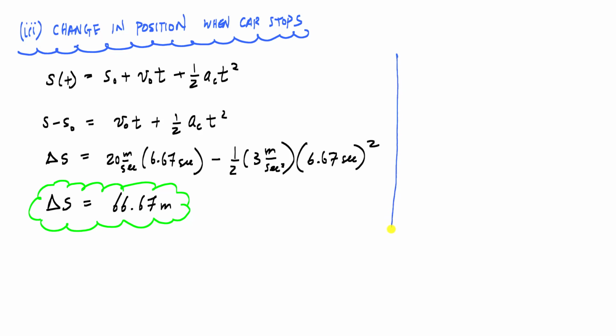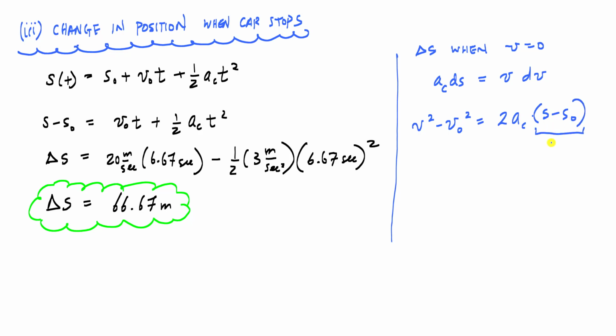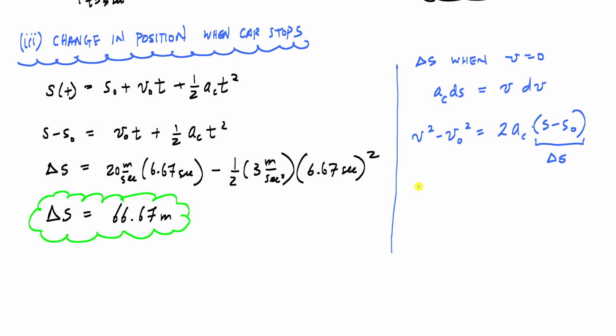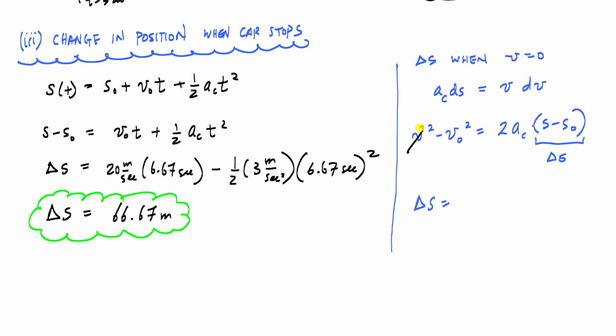The other way to do it is, if you don't know the time, we have constant acceleration, you know the initial velocity, and you know the final velocity, we want to know the change in position when v equals 0. This relationship here, we have this popular v squared minus v naught squared is 2 a_c times s minus s naught. And this term right here is just the change in position. So if I want to solve for the change in position, I know that the final velocity is 0.